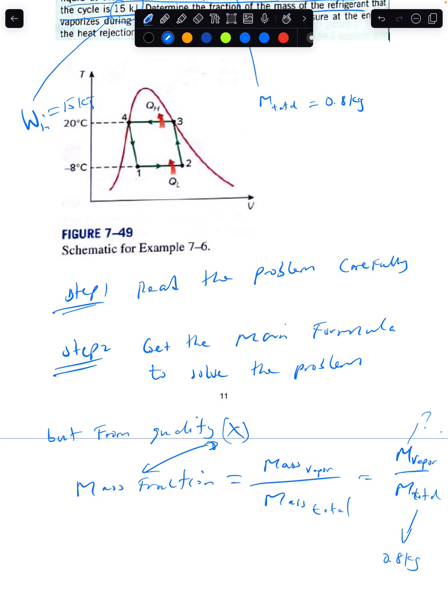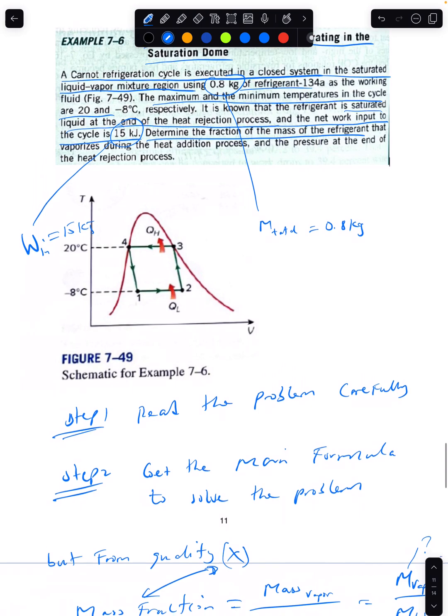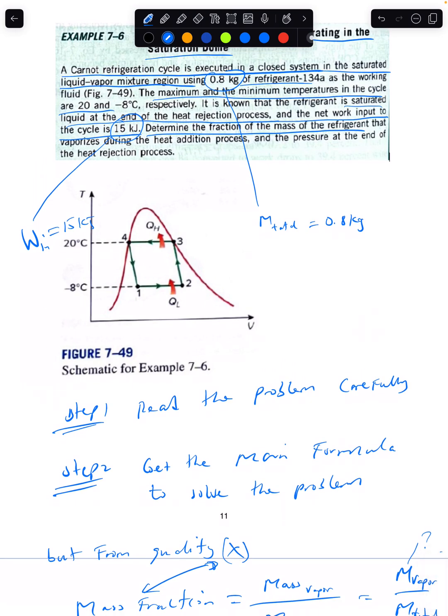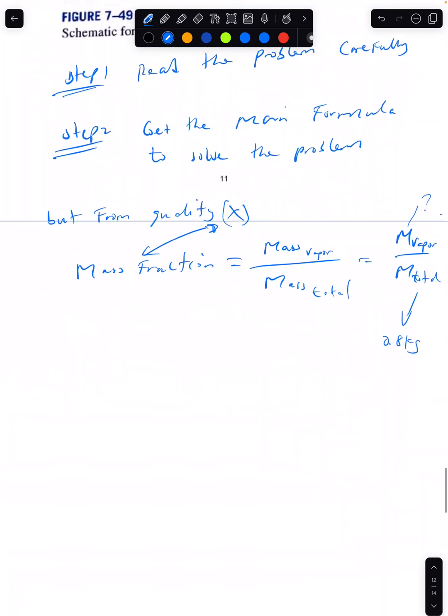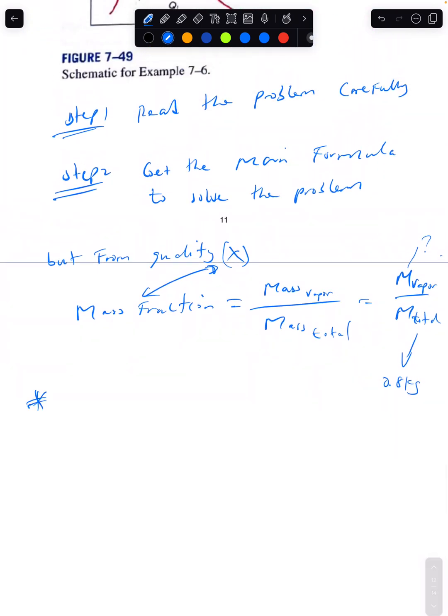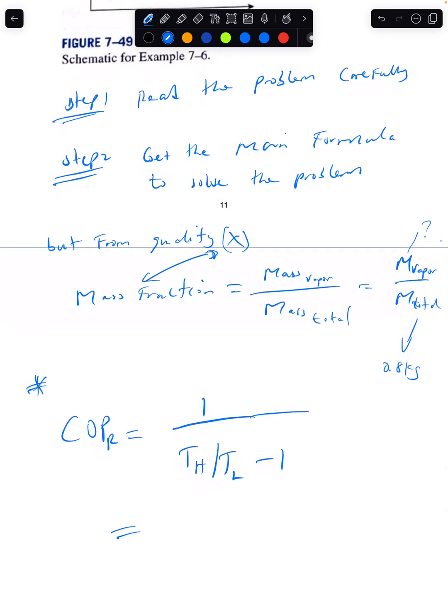We solve for the mass of vapor by looking at the expression for the coefficient of performance for the refrigerant. For a Carnot cycle, it has to be 1 over the temperature of the high line over the temperature of the low line, minus 1. Remember, for the Carnot cycle, you must convert the temperature to Kelvin.